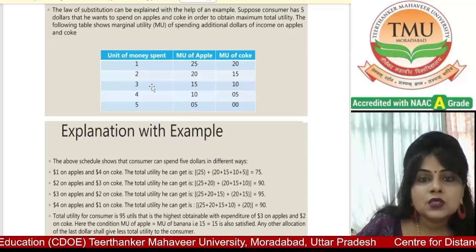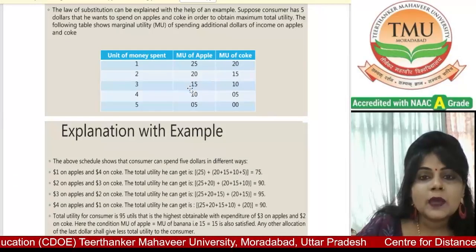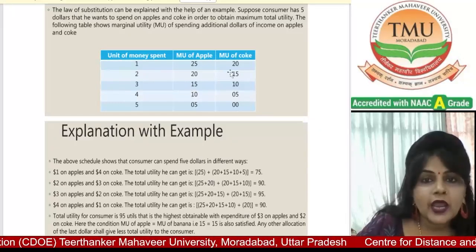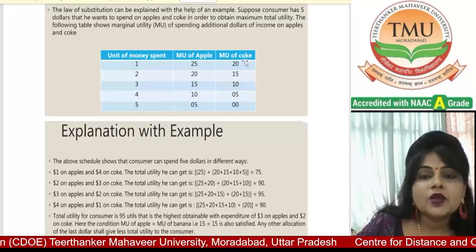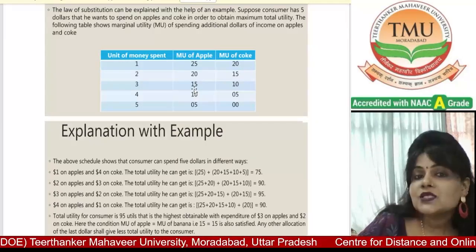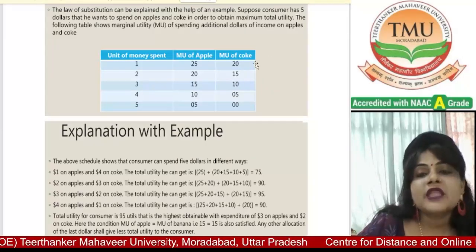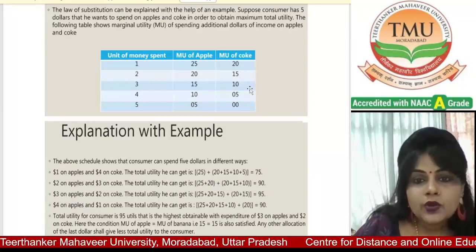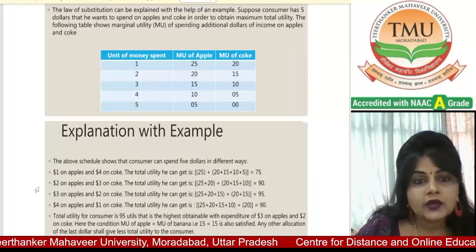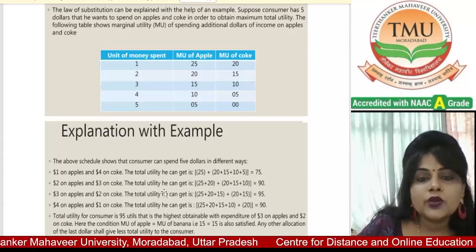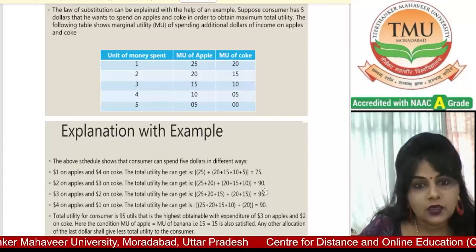With the $3 on the apple he gets minimum utility, and if he spends it on the coke he gets more utility. Here he gets less utility, so he prefers the thing which gives him more utility. Now 20, 15 and 10, the summation of the marginal utility, and the total utility he gets is 90.